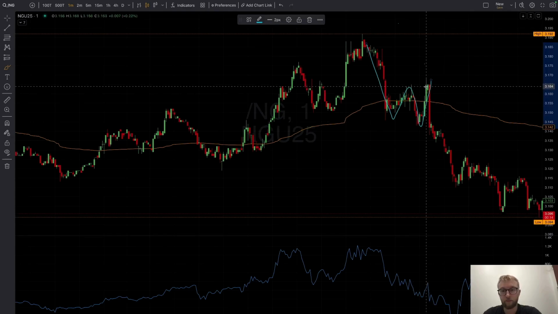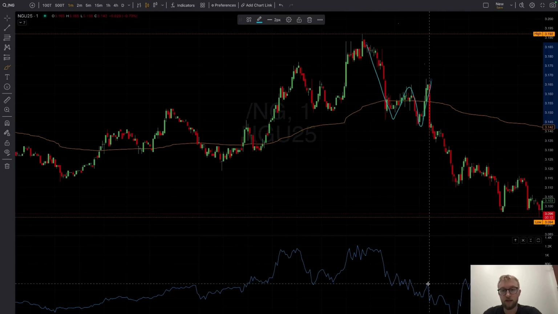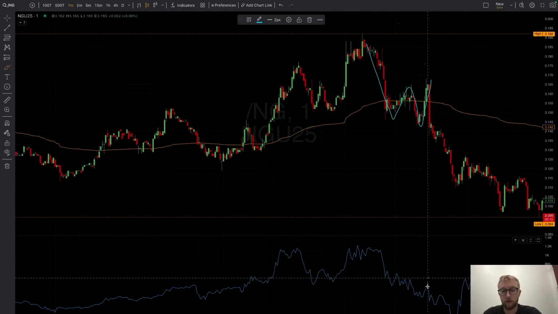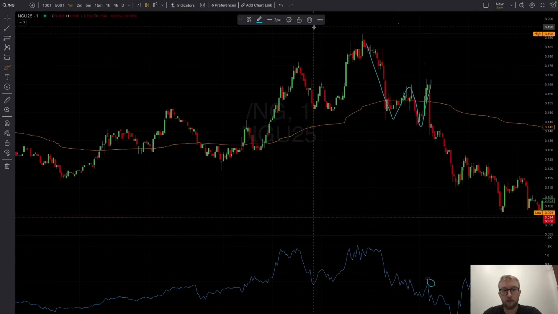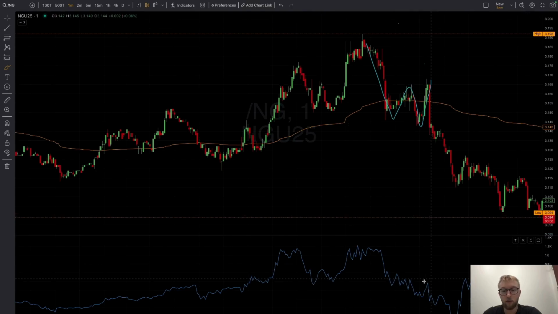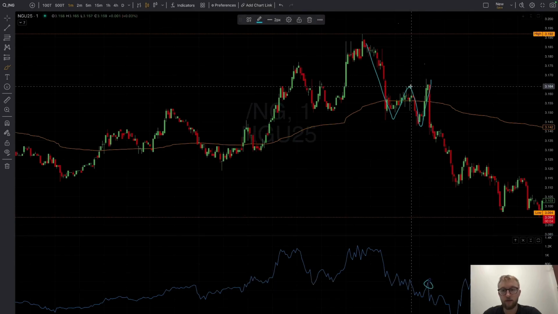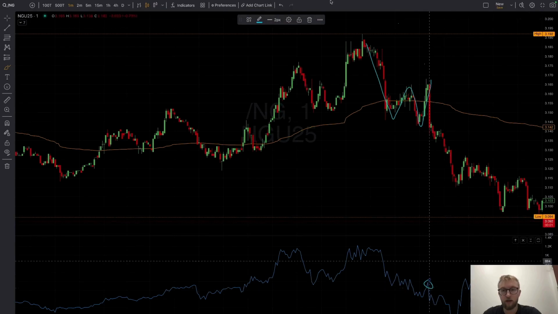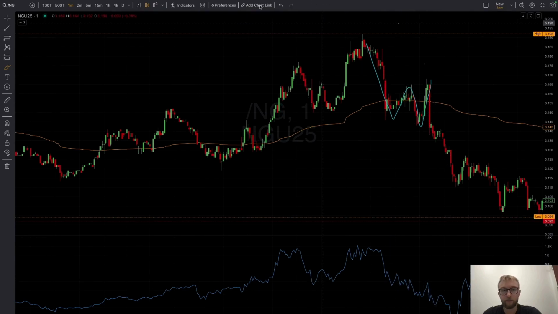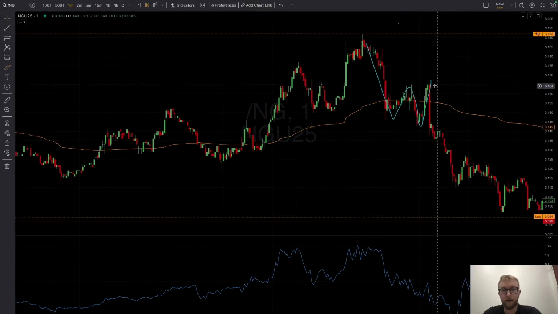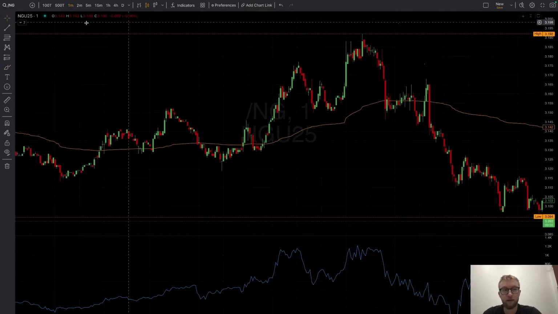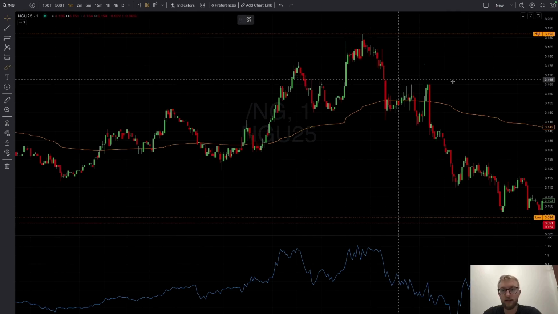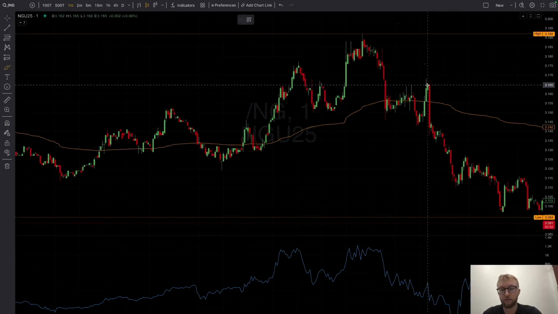But you can see this higher high right here, where it matches, is a lower high on the indicator. There's a divergence, higher high in price, lower high in the indicator. And that's really important. That helped us predict what the price was going to do next.